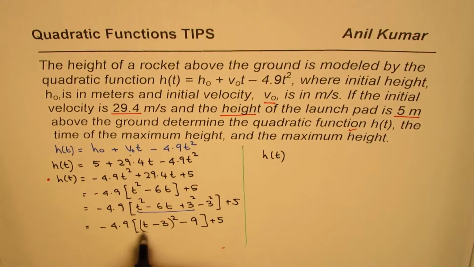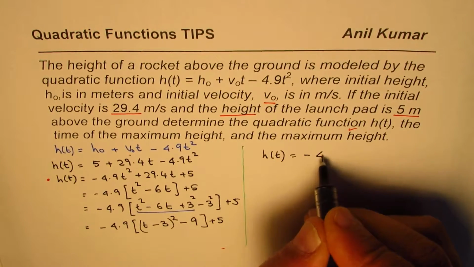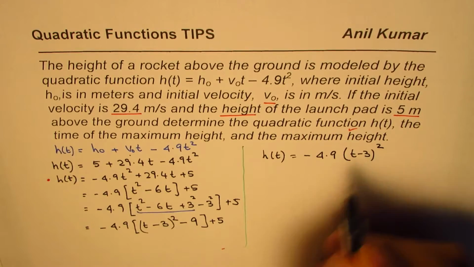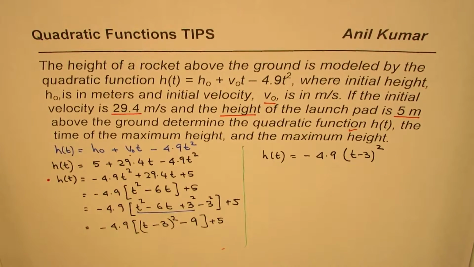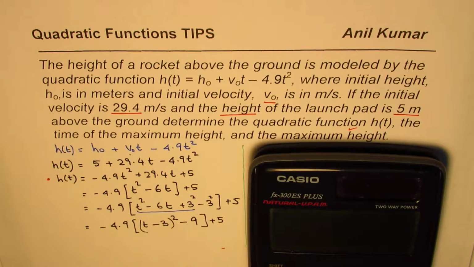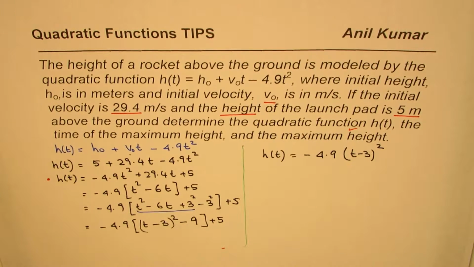So we'll just open the bracket now. So we have −4.9 times (t − 3) whole squared, and let's multiply −4.9 with −9. We'll get a positive sign. So I'll do 4.9 times 9 in decimals, 44.1, right?